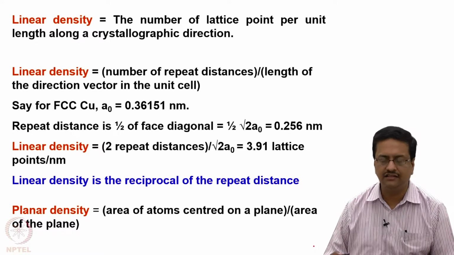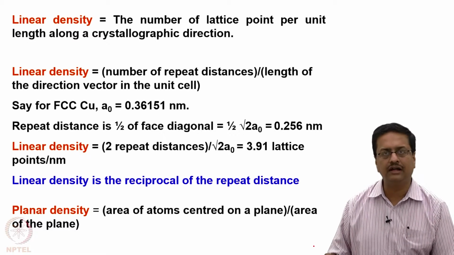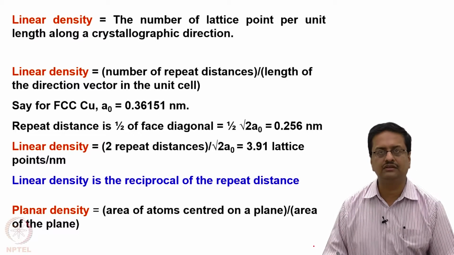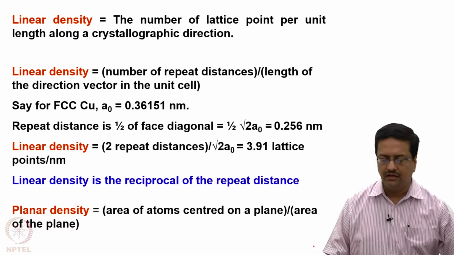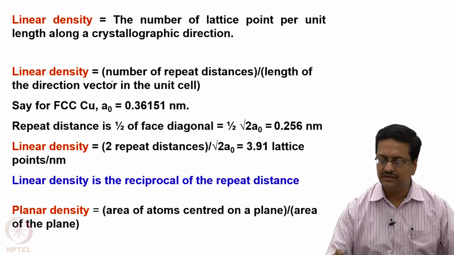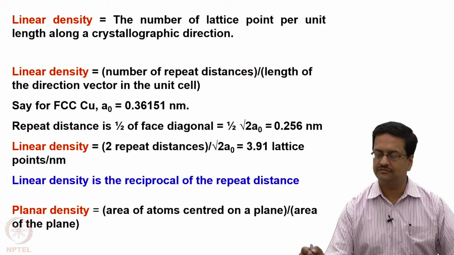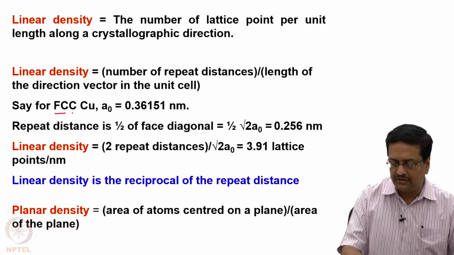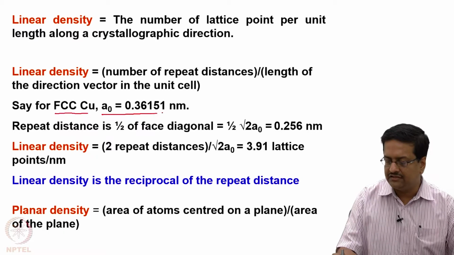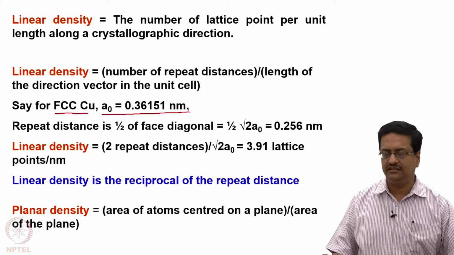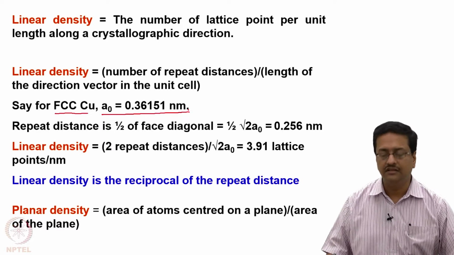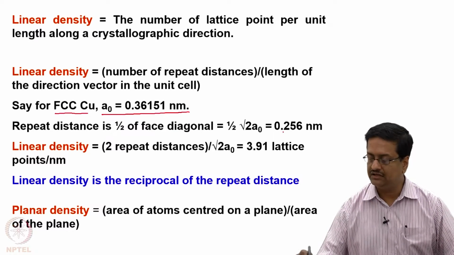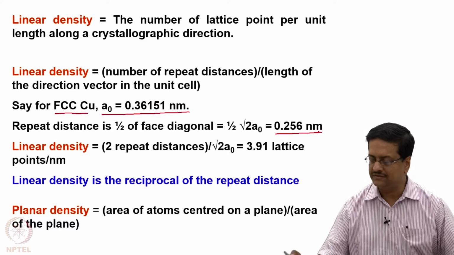The linear density is the number of lattice points per unit length along a crystallographic direction. So linear density is basically the number of repeat distances per unit length of the direction vector. For FCC copper, when the edge length is 0.36151 nanometer, the repeat distance is half the face diagonal, which we calculate to be 0.256 nanometer.